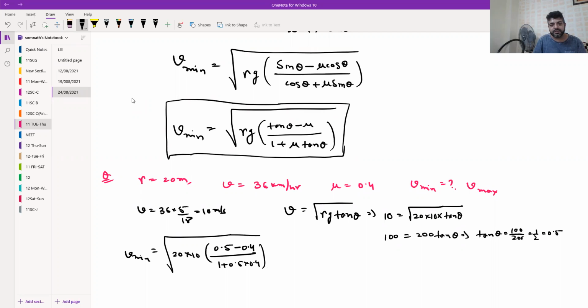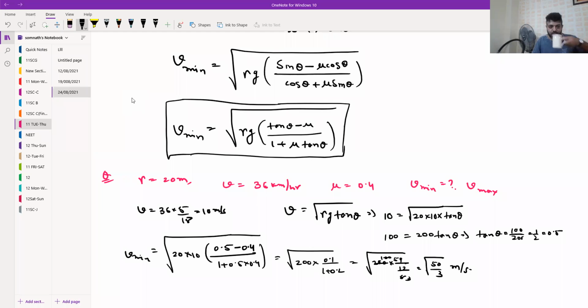So 200 times 0.1 by 1 plus 0.2, that is 200 by 12, that is 16.67. So the answer is v minimum square equals 50 by 3. Yes, everyone?